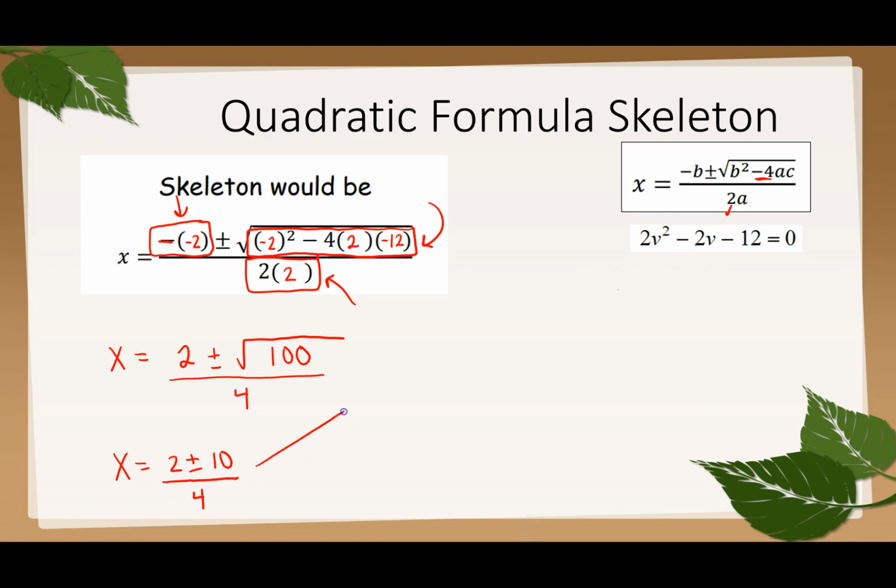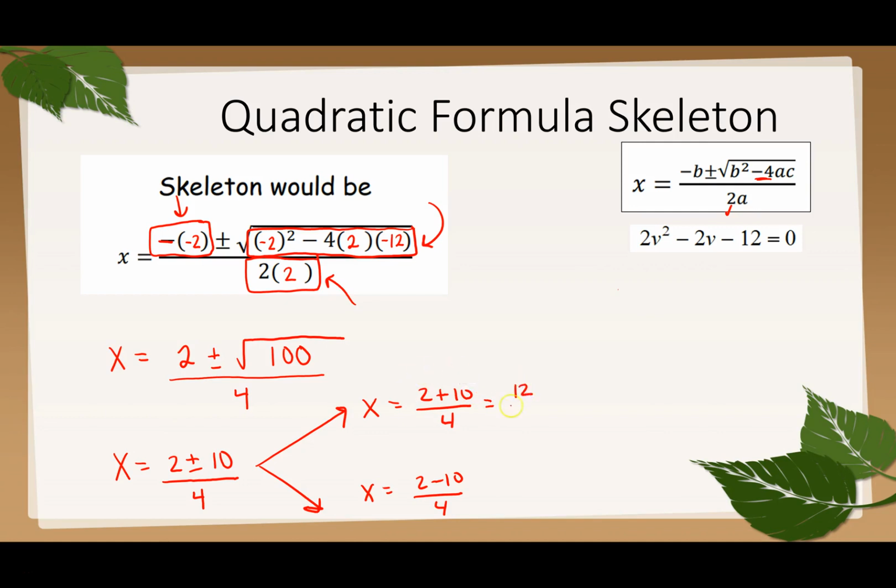Well, let's split that up into 2 different answers. We're going to have x equals 2 plus 10 divided by 4, and x equals 2 minus 10 divided by 4. That's what that plus or minus symbol means. Remember, we're always going to do our grouping symbols first. There's implied grouping symbols in the numerator because it's division.